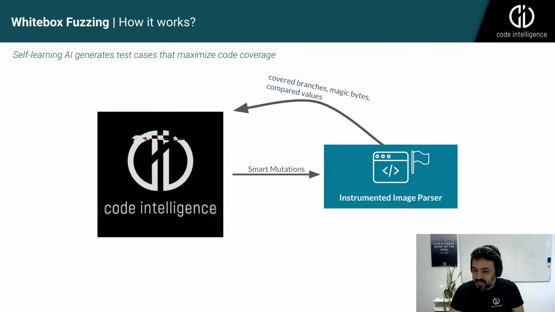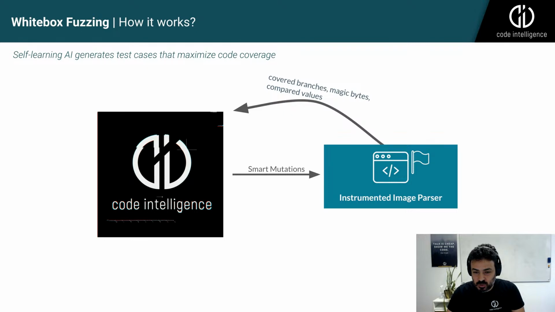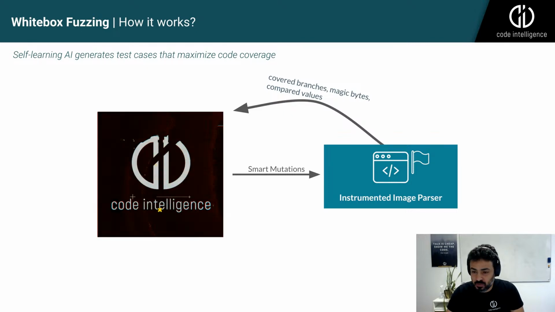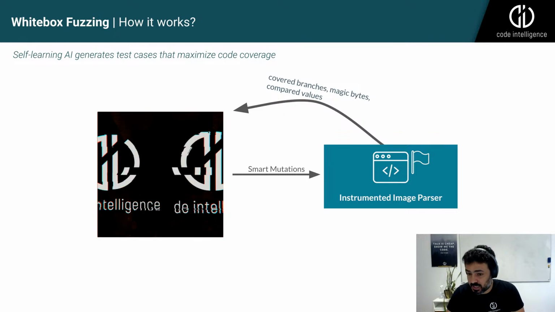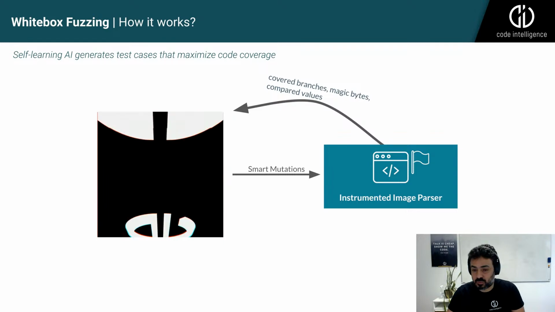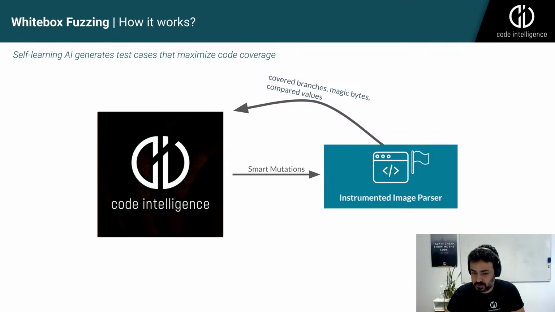And the fuzzer doesn't get bored. It can generate hundreds of thousands of inputs per second, each time learning a new piece of information about the software we were testing.